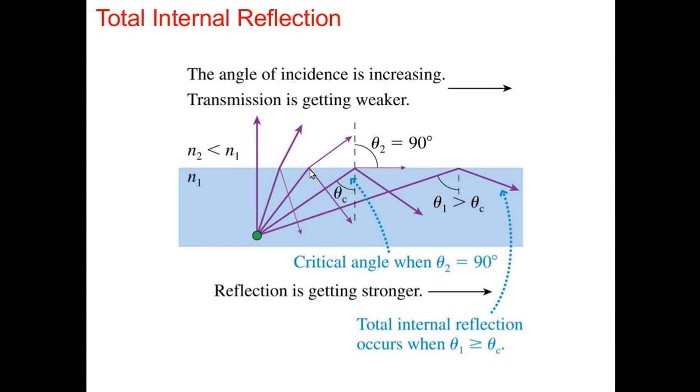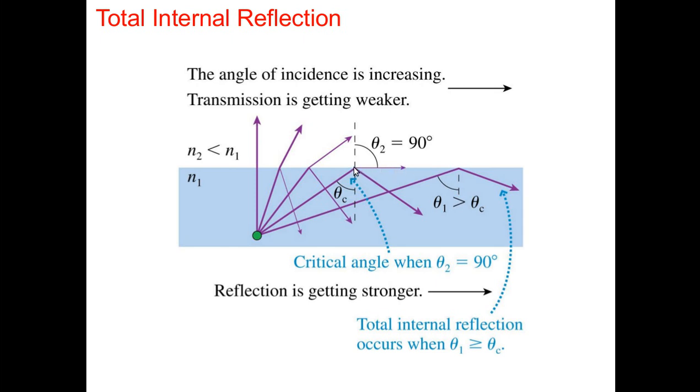As you increase the incident angle, right? You see every point here. You draw a normal line, and we're increasing the incident angle. So it makes sense that the refracted angle increases due to Snell's law. But then there's a limiting case, where eventually your incident angle is sufficiently large that your refracted angle is 90 degrees.